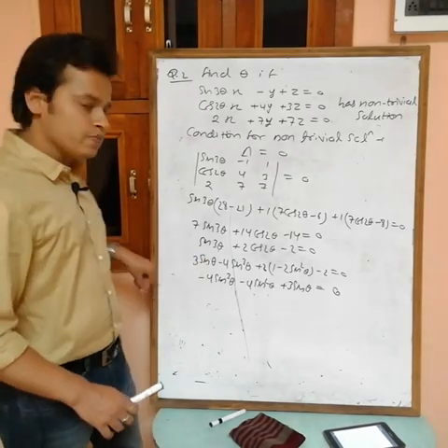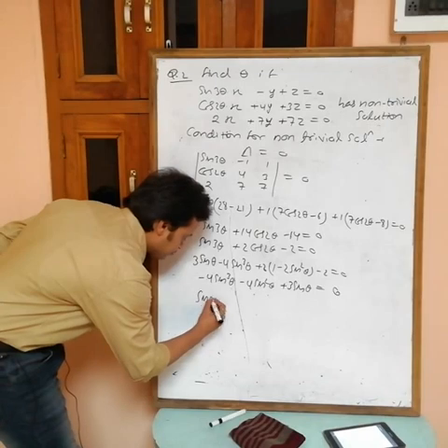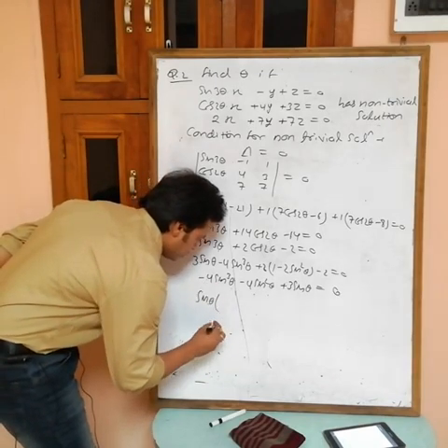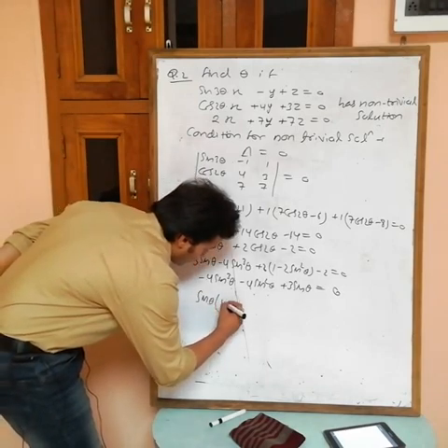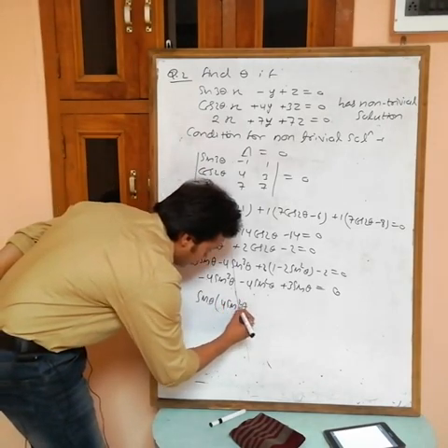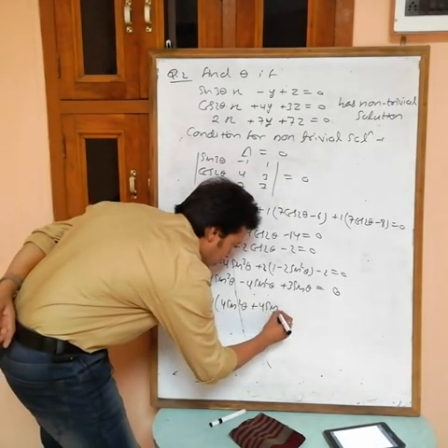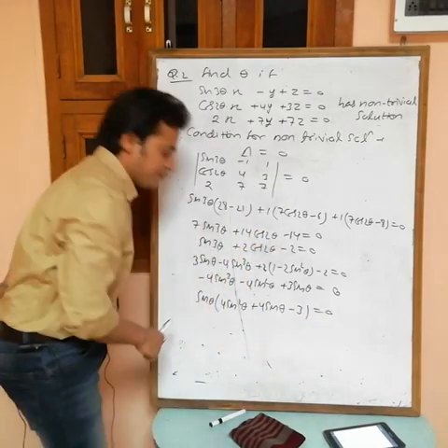Now take common minus, minus goes to 0. Also I can take common sin theta. Sin theta common, then what remains? Here you will get 4 sin square theta plus 4 sin theta minus 3 equal to 0.